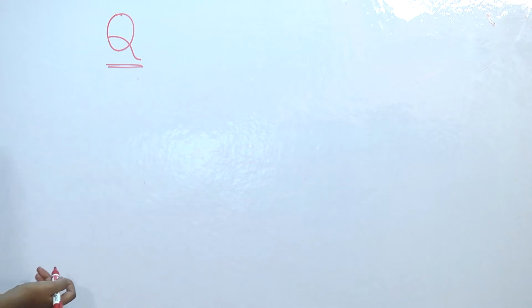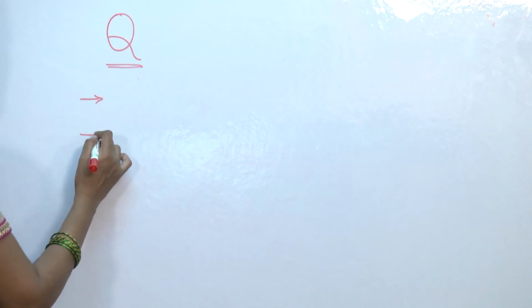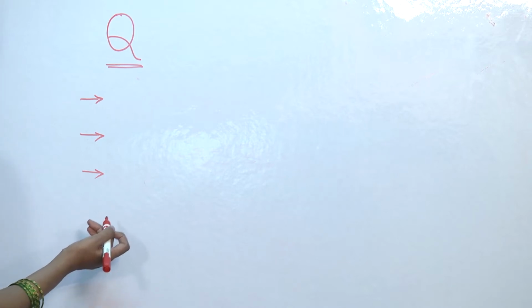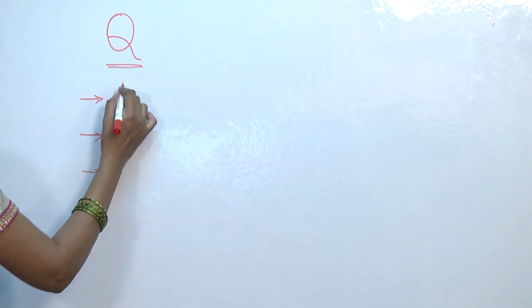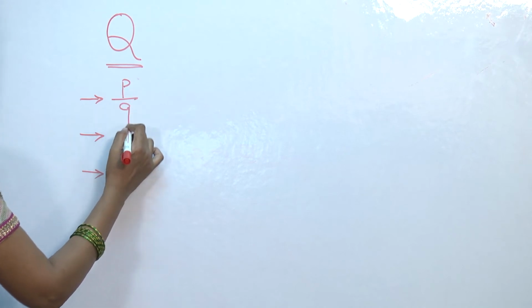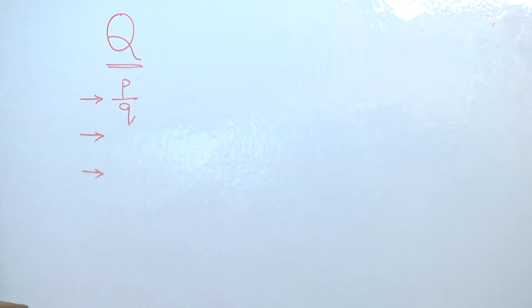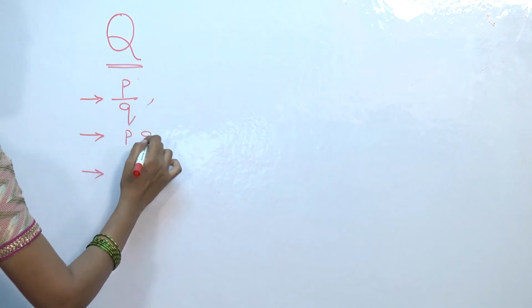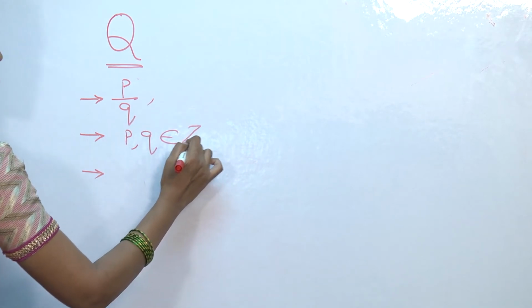For any number to belong to the set of rational numbers, it has to follow 3 conditions. What are those conditions? An element belongs to the set of rational numbers if it can be written in the form of a fraction, P by Q, where P, Q are integers.